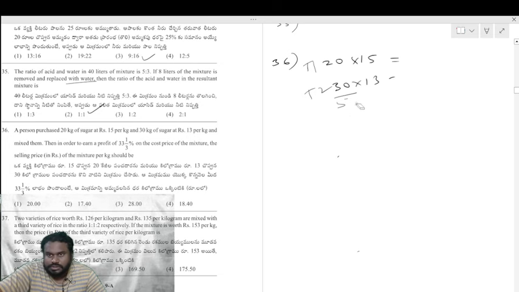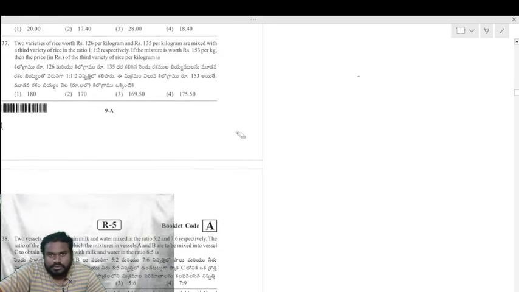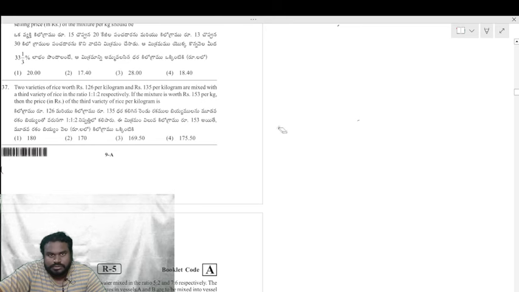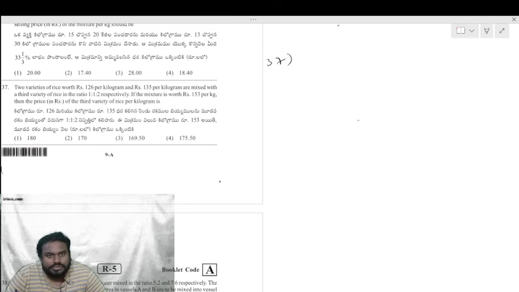What is the next question? Question number 37. Two varieties of rice worth rupees 126 per kilogram and rupees 135 per kilogram are mixed with a third variety of rice in the ratio 1:2.